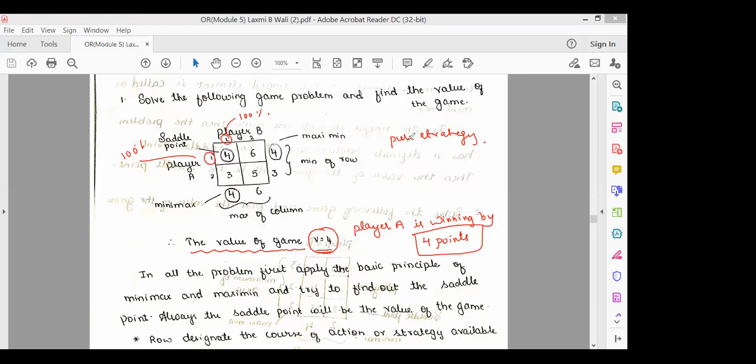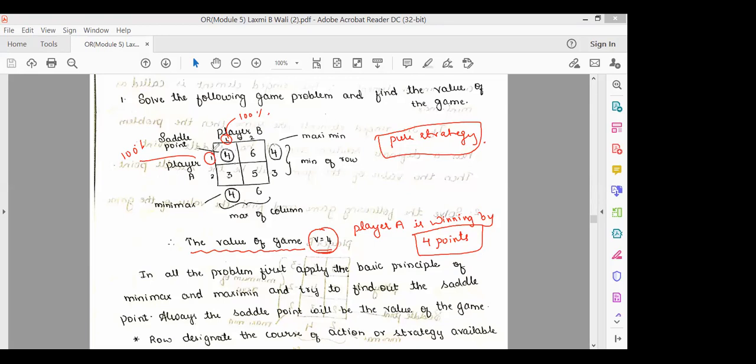As I have already told you, there are two strategies, pure strategy and mixed strategy. So here, what is happening? We guess what player A has made, that is what his opponent is going to do. If that situation matches the assumption made by player A, then we call that strategy a pure strategy.